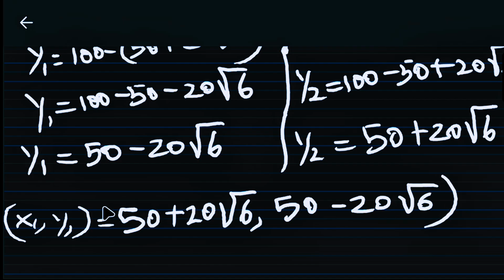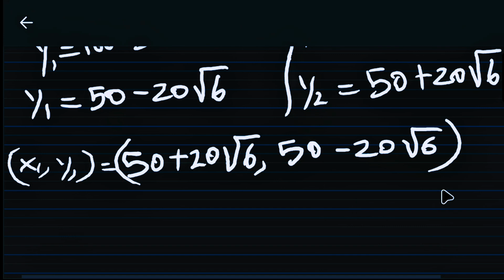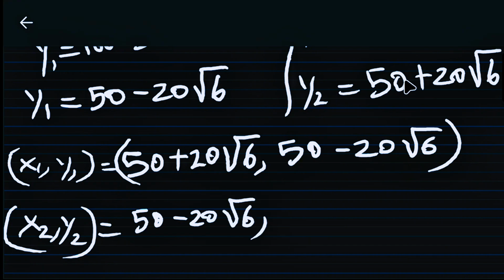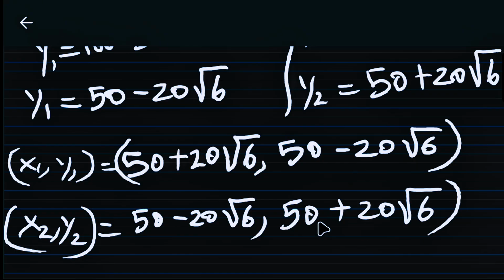Okay, so the difference here is this one is positive and this one is negative. So this is x1 and y1. So x2 and y2 will be equal to x2 is 50 minus 20 square root of 6, and y2 is 50 plus 20 square root of 6. Okay, this is x2 and y2.